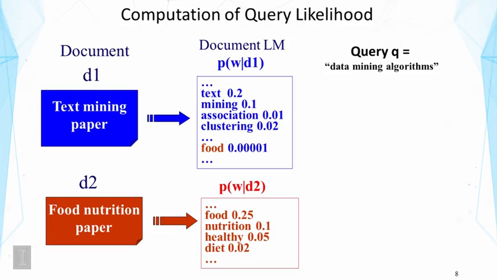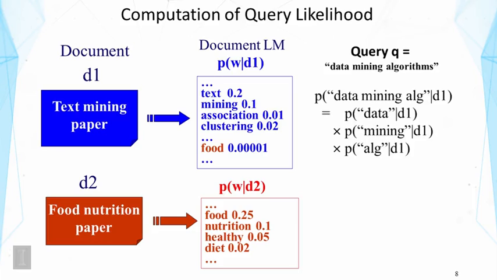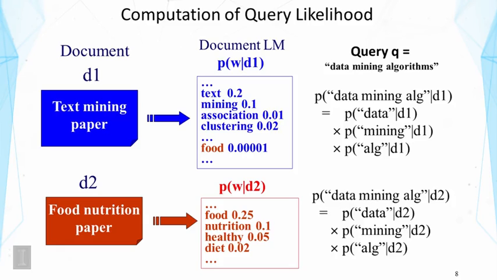And then given a query like "data mining algorithms", the second step would just compute the likelihood of this query. And by making independence assumptions, we could then have this probability as a product of the probability of each query word. We do this for both documents, and then we can score these 2 documents and rank them. So that's the basic idea of this query likelihood retrieval function.